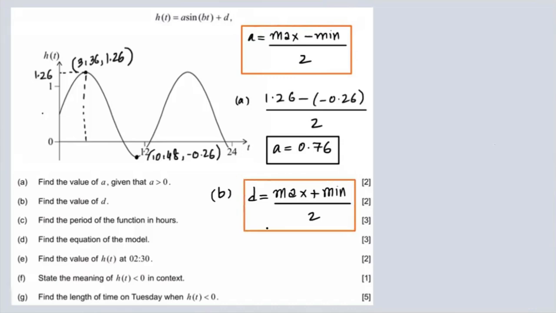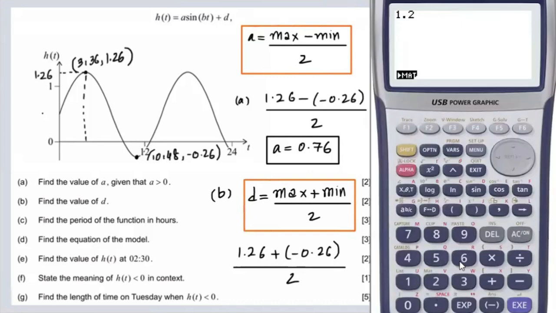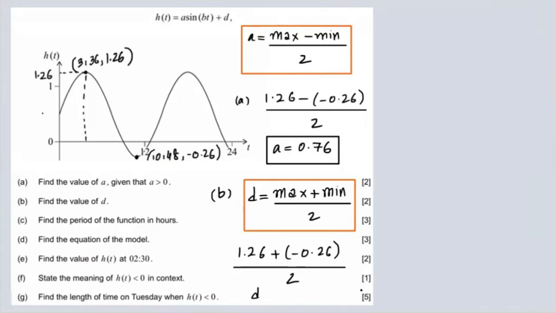Let's take the max value, which is 1.26, and add the lowest value, which is negative 0.26. So 1.26 subtract 0.26 and divide by 2. So D is going to be 0.5.